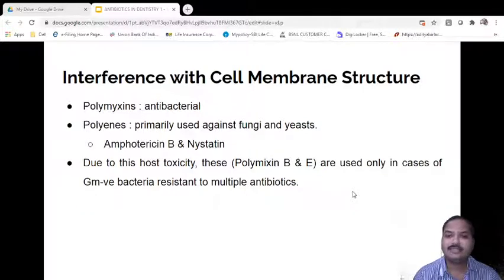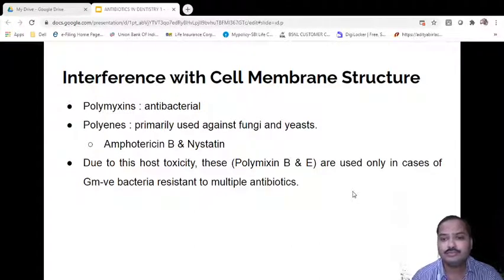They are very toxic and have numerous side effects because these polyenes bind to the sterols of the plasma membrane, and even the human or mammalian cells have a cholesterol component in the cell membrane. So they will bind to the cholesterols also and will cause permeability or leakage of the essential metabolic products from the host cell also.